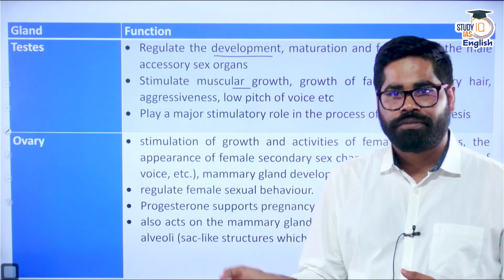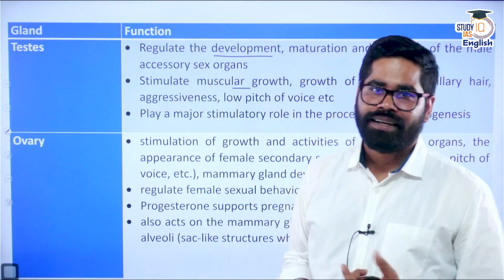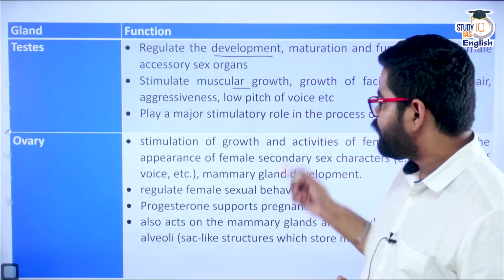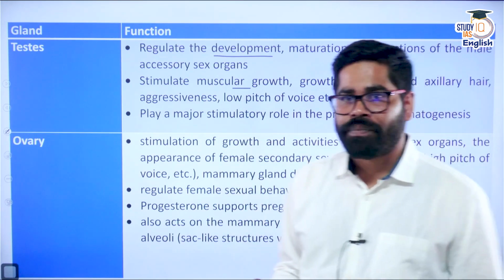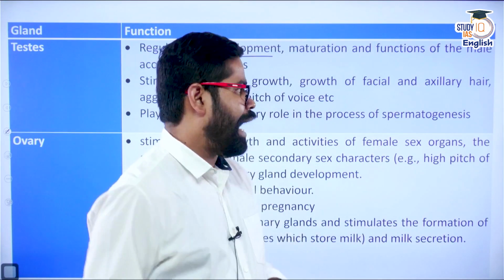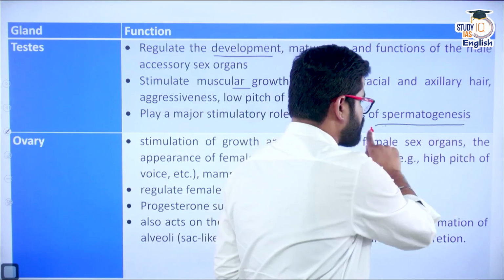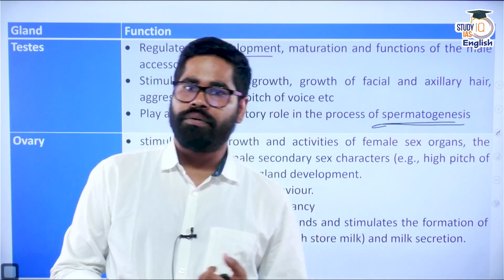The low pitch of the male is again a result of the testis gland. Then it also performs a very important role in the formation of sperm, which are the male sex cells, and it is responsible for the process called spermatogenesis, meaning generation of the sperms.